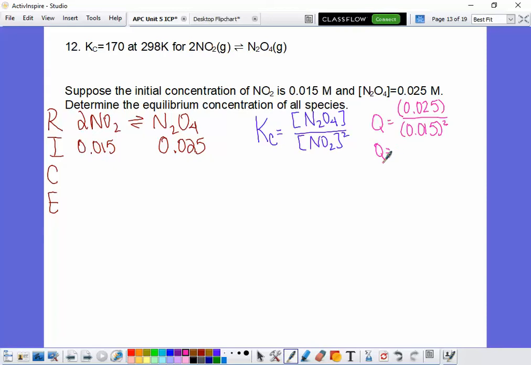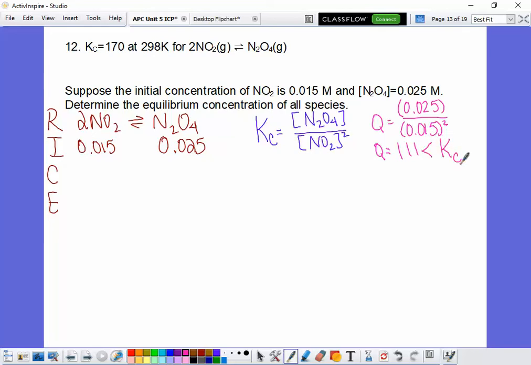So go ahead and calculate Q. What'd you get? 111.1111 and so on and so forth. Yeah, so 111, right? How does that compare to K? Is that greater than or less than? There we go. Words. That is less than K.